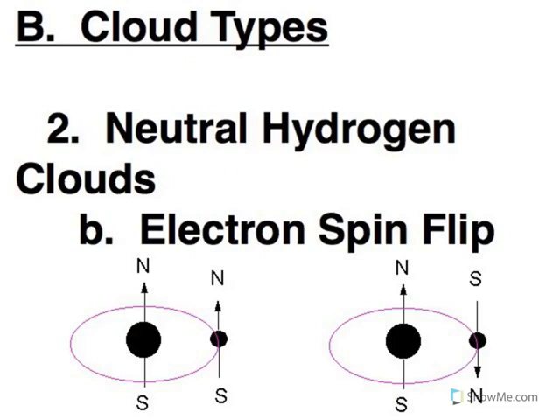It experiences what's called electron spin flip. So here we see our proton and our electron. And in this first picture, they are both spinning in the same direction. Turns out that's a slightly higher energy.